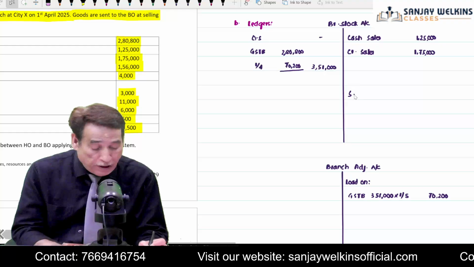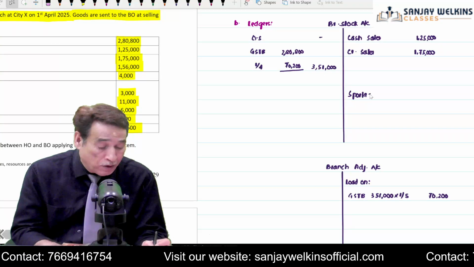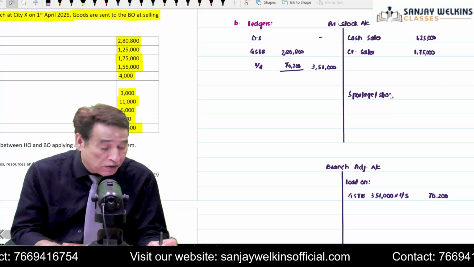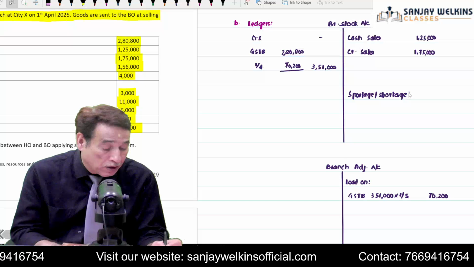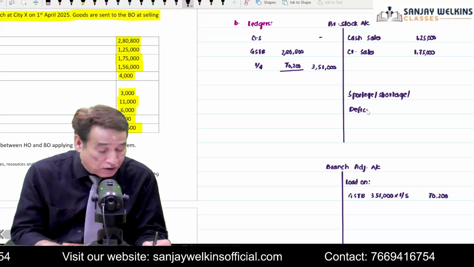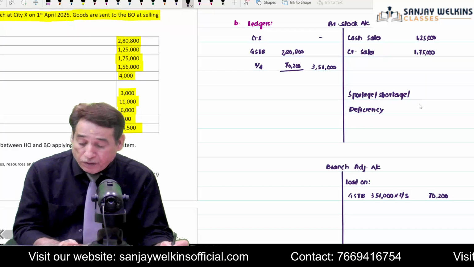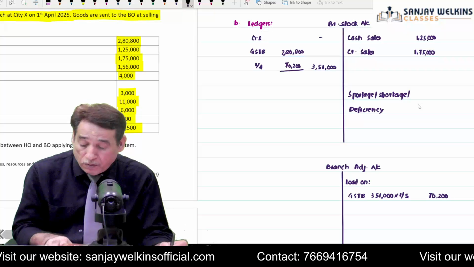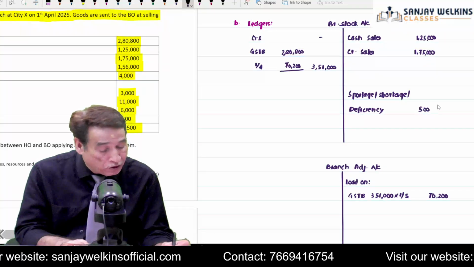Spoilage is nothing but shortage or deficiency. The terms spoilage, shortage and deficiency are used synonymously. Is it clear to you or not? It is given in the question, equal to 500. So 500 is the amount of spoilage.